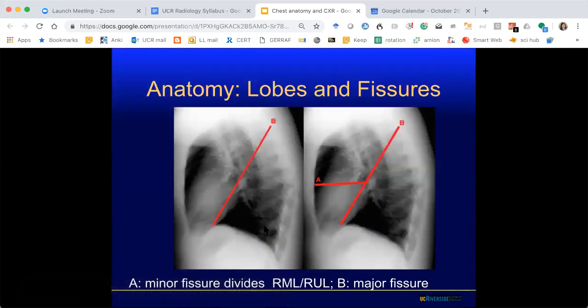Knowing these fissures can help you localize the abnormality. So here's a lateral radiograph, where we can see that the right upper and the right lower are separated by the major fissure, and then the middle and the upper are separated by the minor fissure.